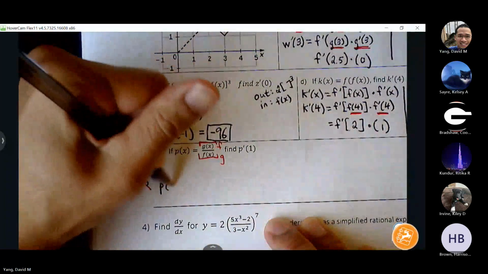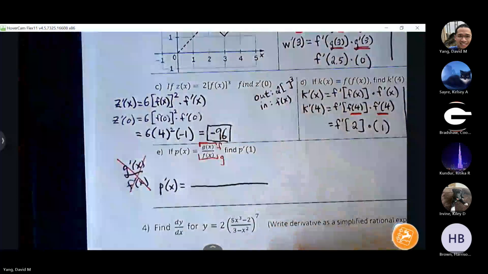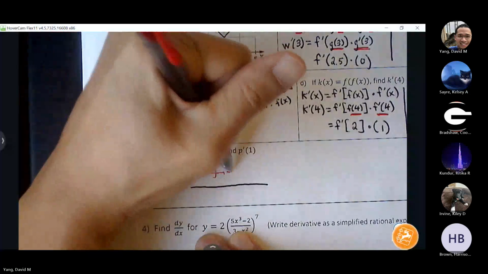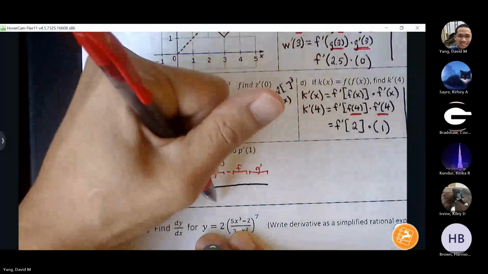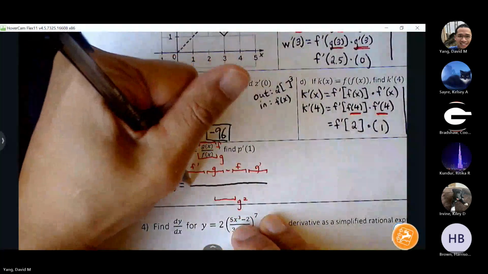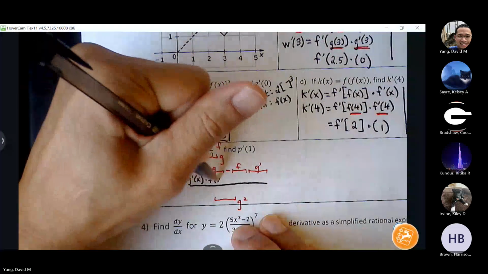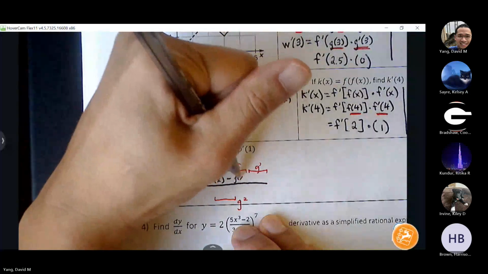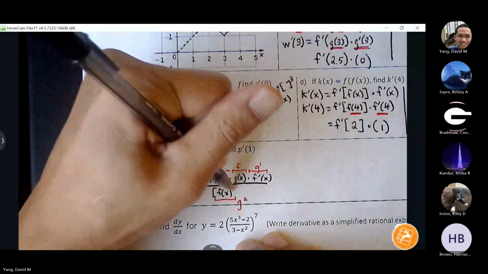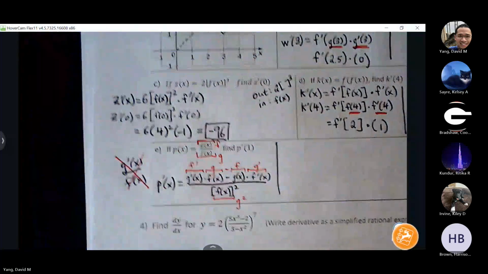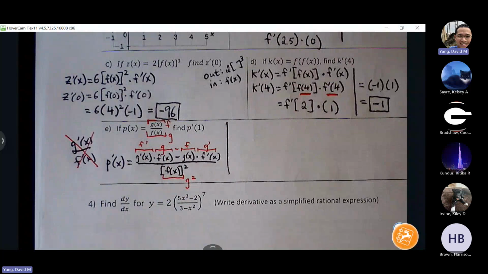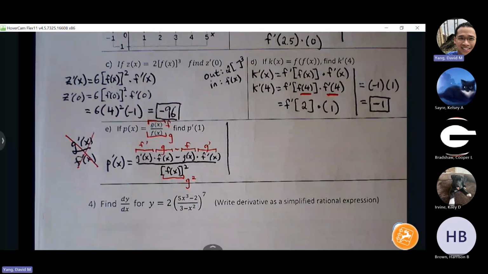So good. Everybody good with quotient rule there? Okay. Replace every x with 1.